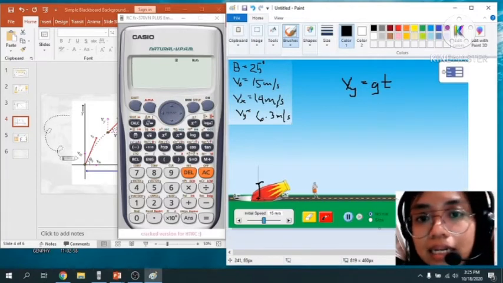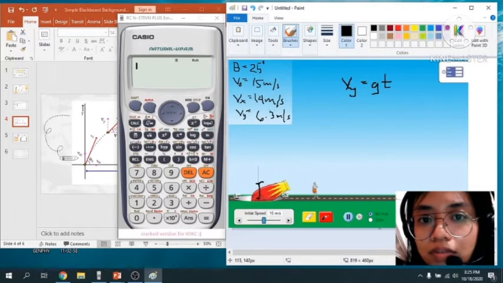So we have the given Vy of 6.3 meters per second. And the gravity is the constant 9.8 meters per second squared multiplied by the time.